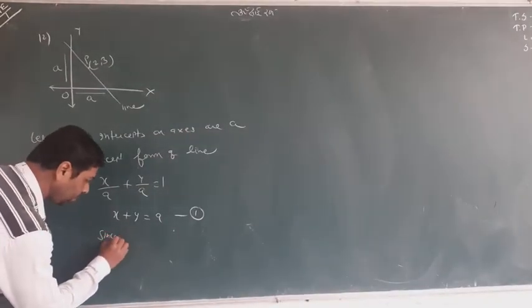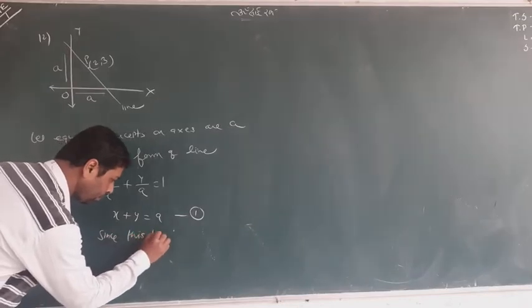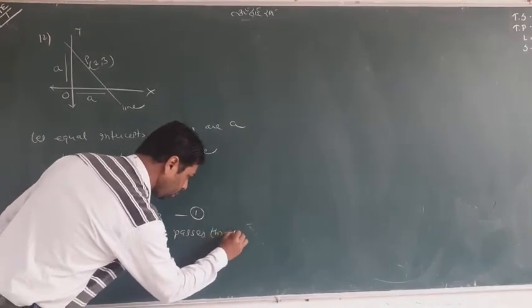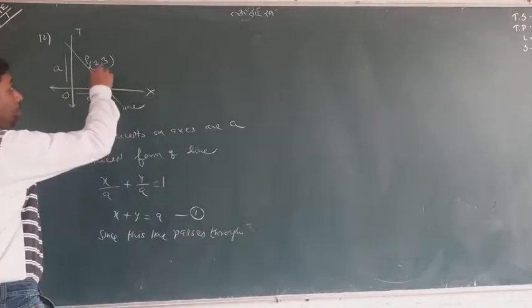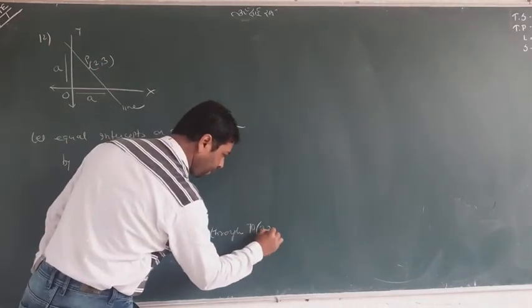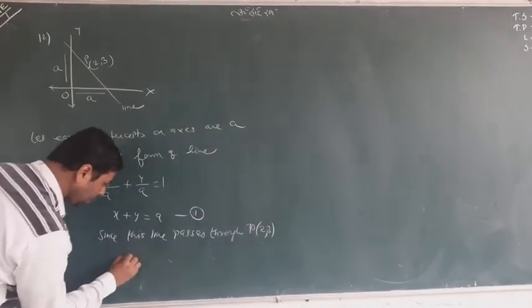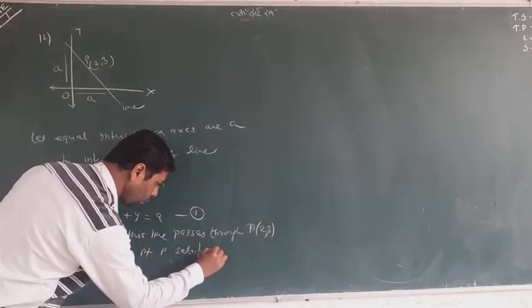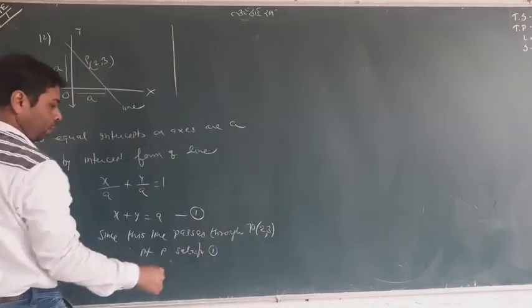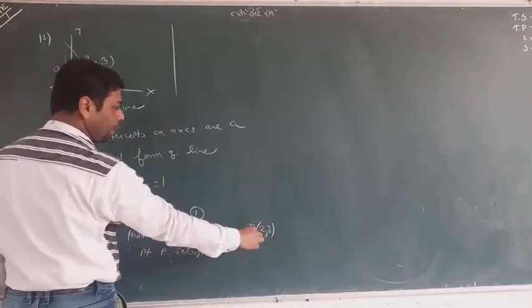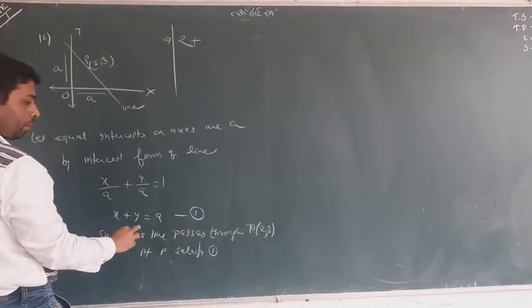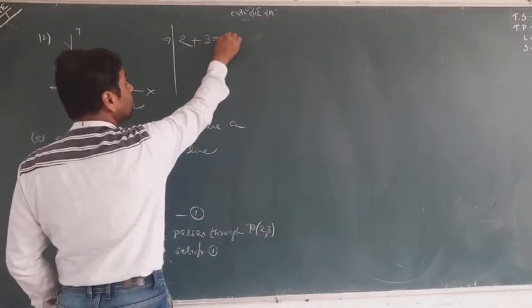Since this line passes through the point P, point P will satisfy it. How is it satisfied? Look, instead of x, 2 will come, instead of y, 3 will come, equals a.